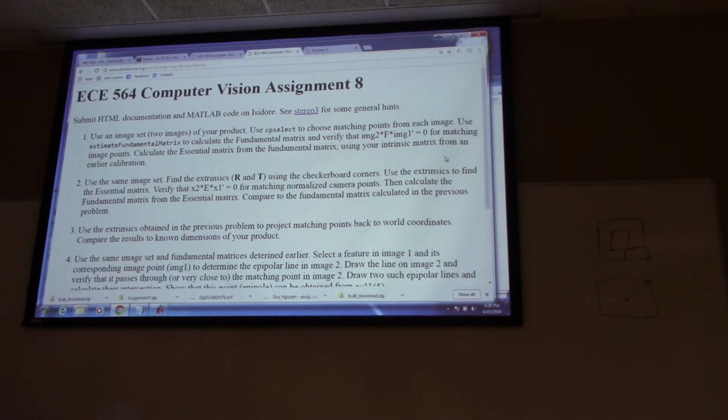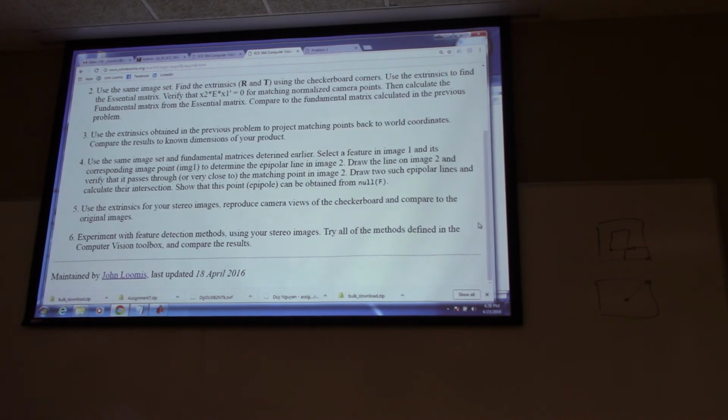Here, that's 3. Okay, now we're looking at the epipolar line.